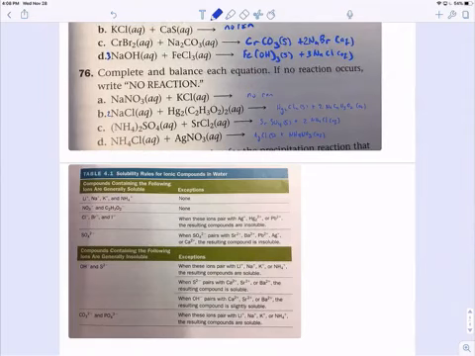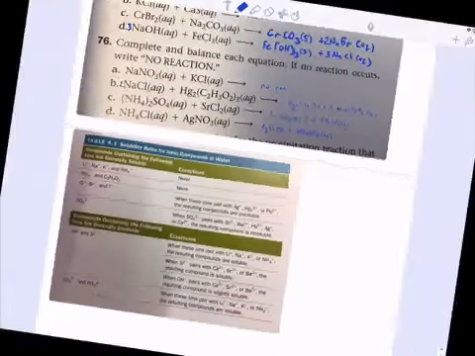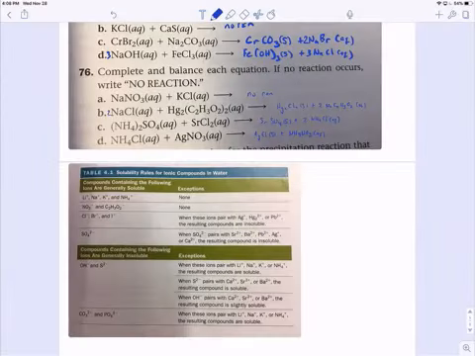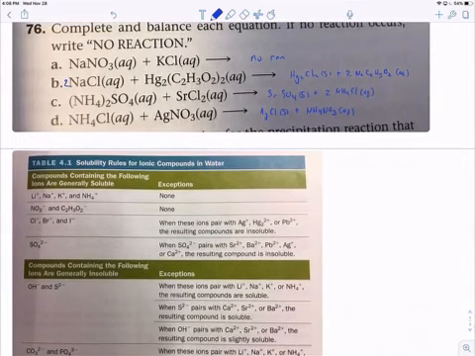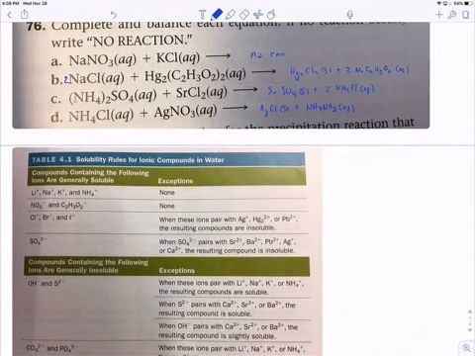For Hg2Cl2, it's Hg2Cl2, but for NH4Cl, yeah, it's 2. Because Hg2 plus 2 is a polyatomic ion. It's a special case.